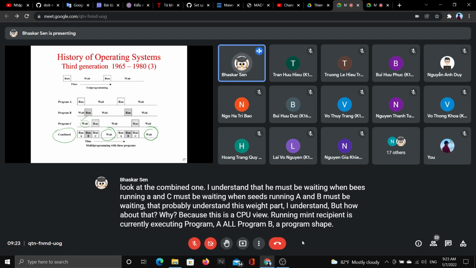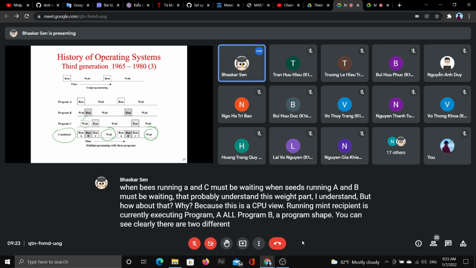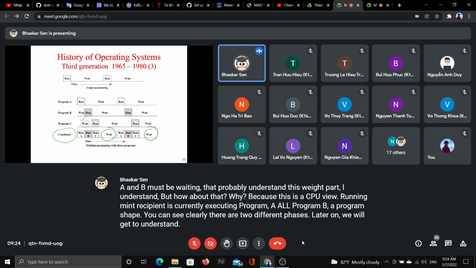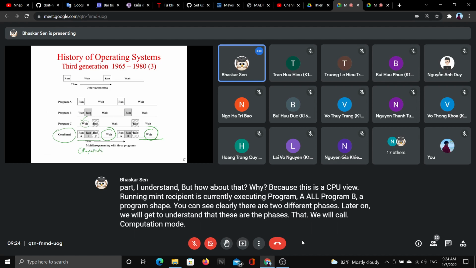You can see clearly there are 2 different phases. Later on, we will get to understand that these are the phases that we will call computation mode, and waiting is IO mode.